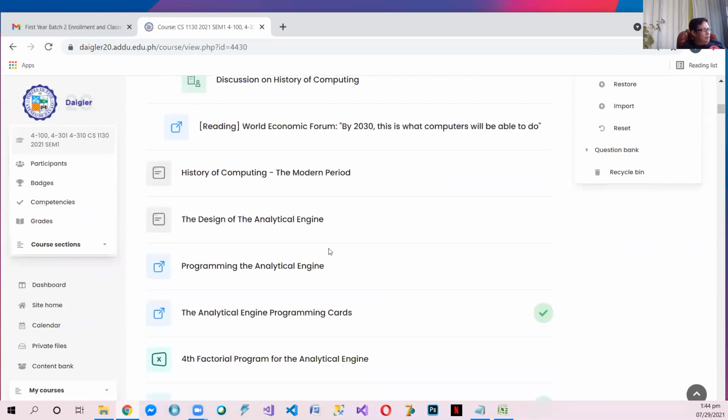However, there's no programming information regarding ENIAC.